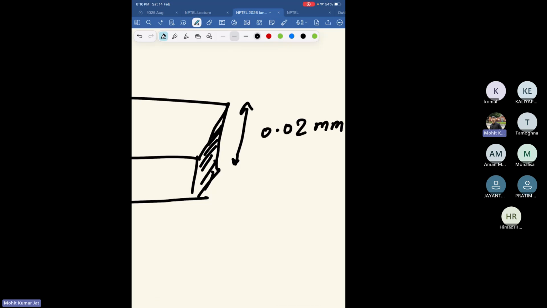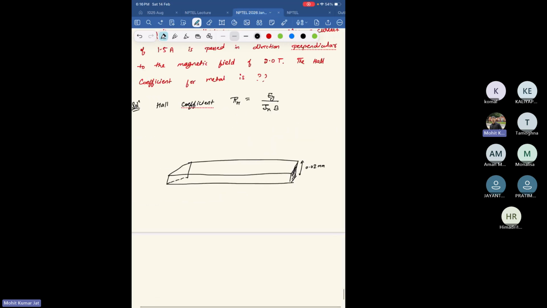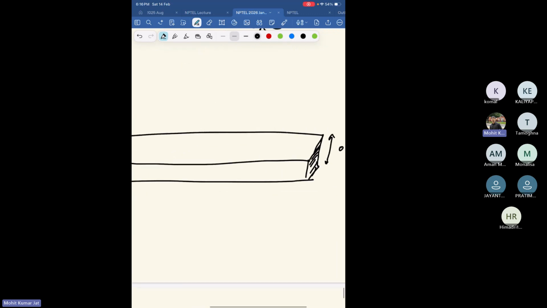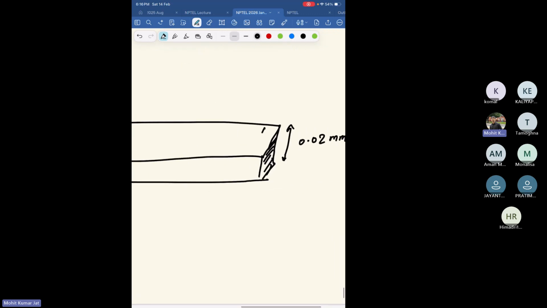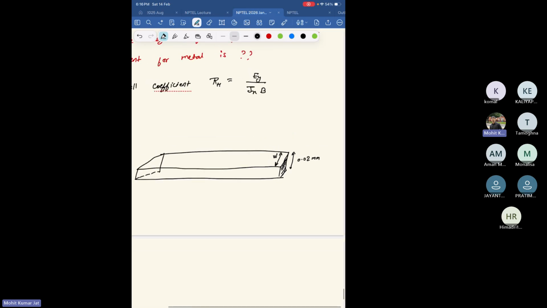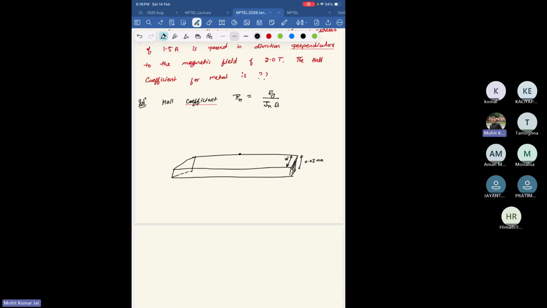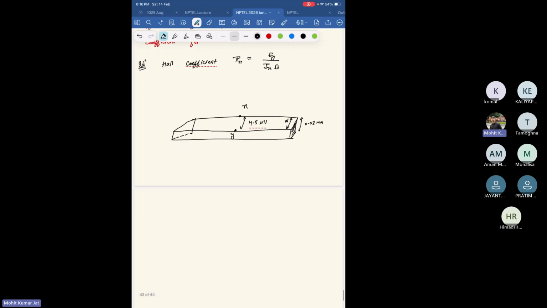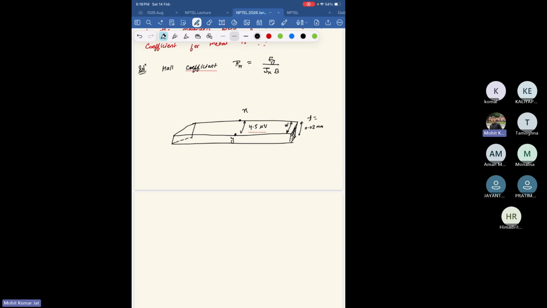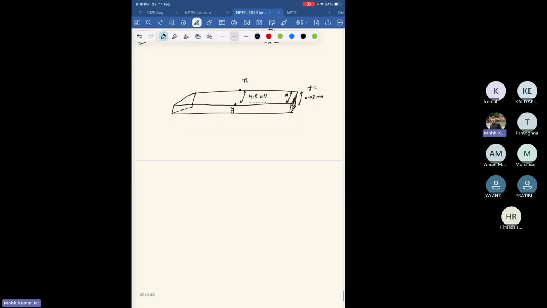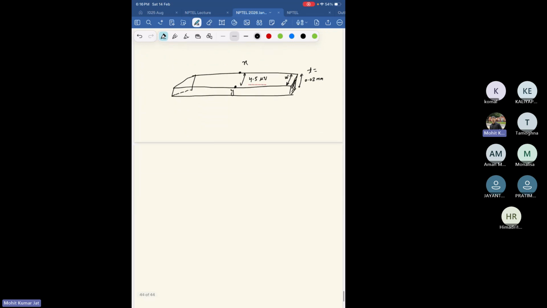So 0.02 mm is roughly 20 micron, and width also is there. Let's say it's W, and the transverse voltage which has been developed between X, Y is nothing but 4.5 microvolt. This is all what you have.